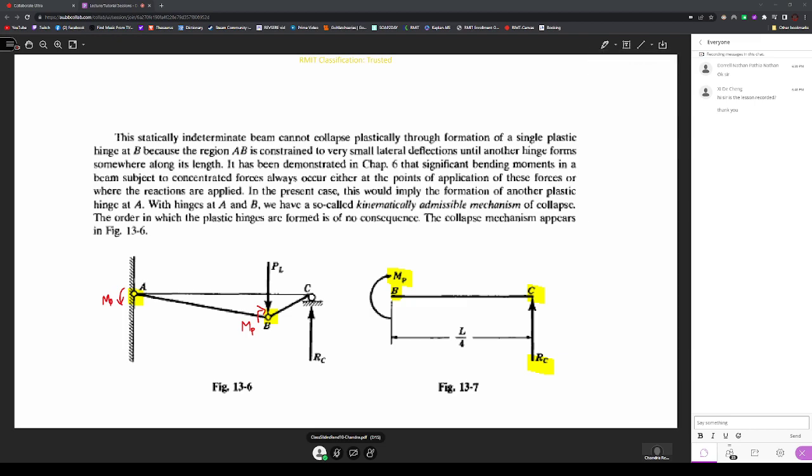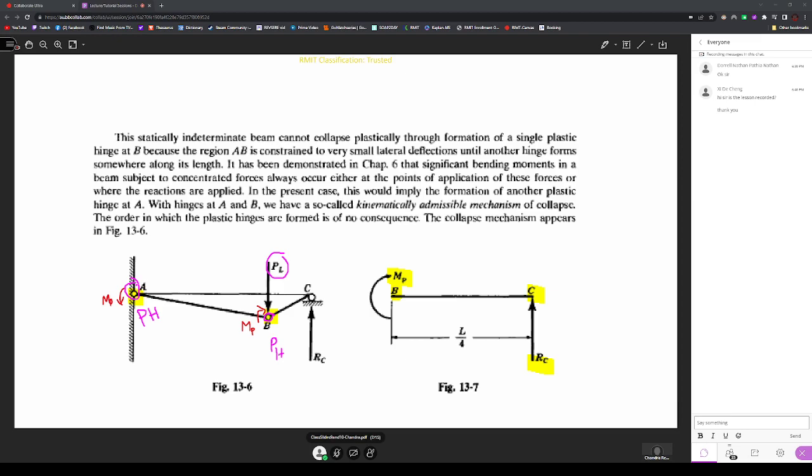Now in this case, you can see here, as the load reaches the plastic load, the plastic deformation commences because this is a fixed end, A. This is not supported, but it is fixed. And PL at point B is another plastic hinge. So the two plastic hinges can be developed at point A and point B.